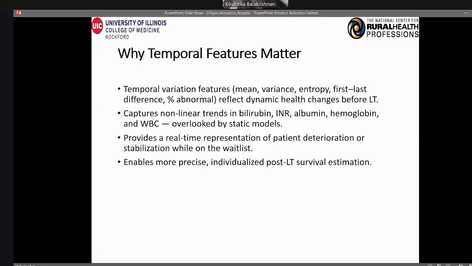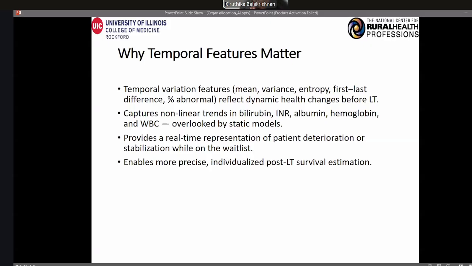This same approach is applied to other key markers like INR, albumin, and other key laboratory markers. Traditional models like MELD scores or simple regression methods miss these nonlinear patterns, but machine learning can detect them. By doing this, we can get a real-time picture of whether the patient's condition is deteriorating, stabilizing, or improving while they are on the waiting list.